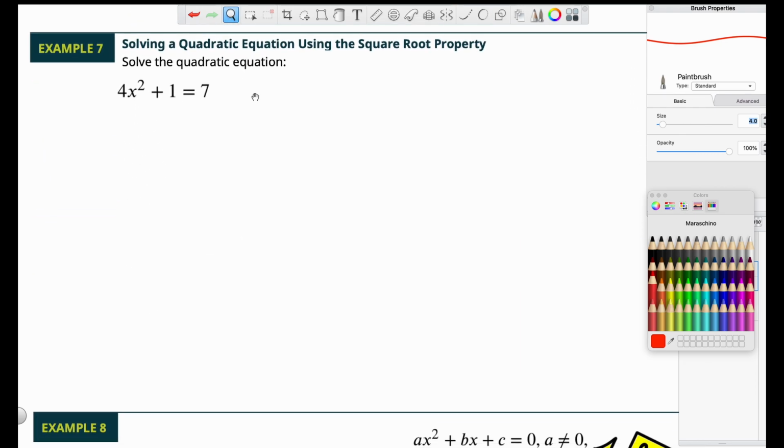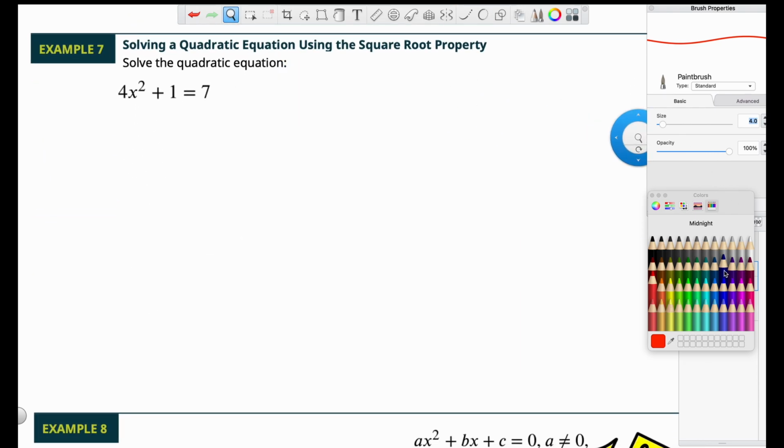Okay, let's do another one of these, but we have a little bit more work. We haven't isolated the x squared term, so that's our first step. Let's subtract 1 from both sides first, and we get 4x squared equals 6.